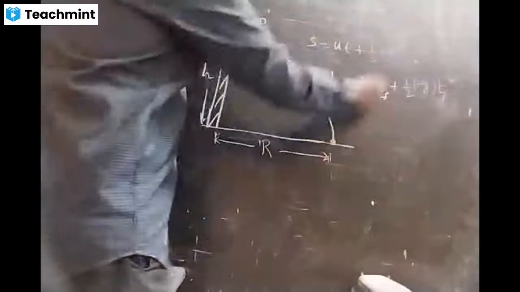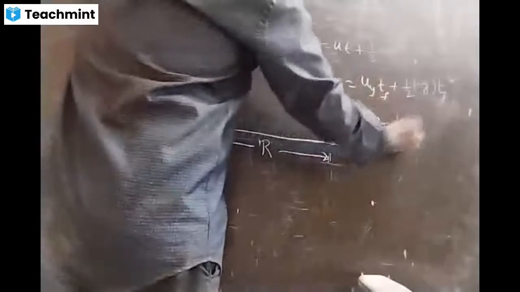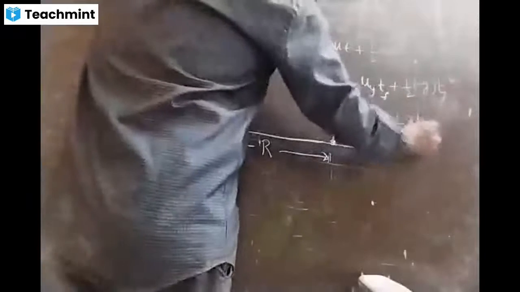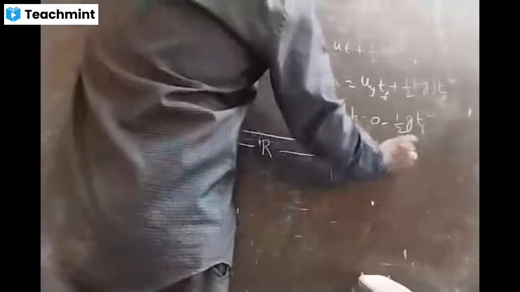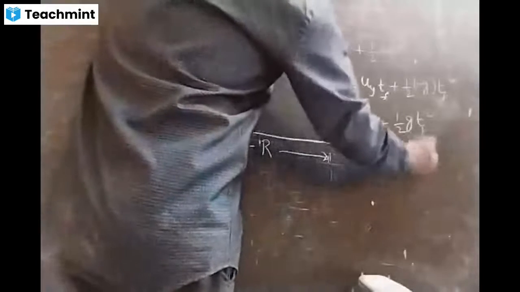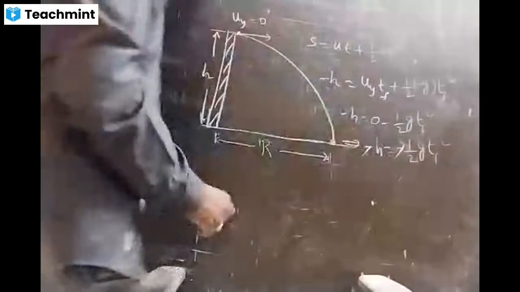So minus h is equal to 0 minus half g tf square, and I can cancel minus on both sides.